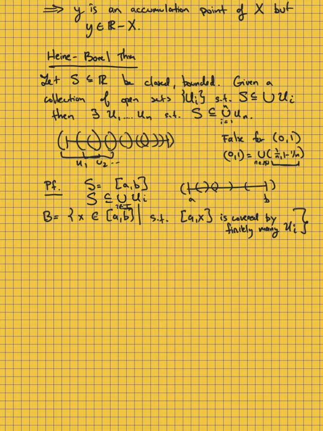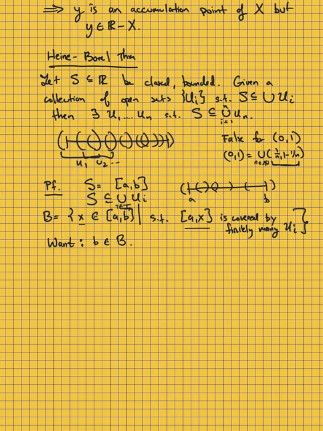I'm looking at the real numbers in here, so that the closed interval from A to X is covered by finitely many. What I want, of course, is that b is in B, because then I would have covered the entire interval A B with finitely many sets.